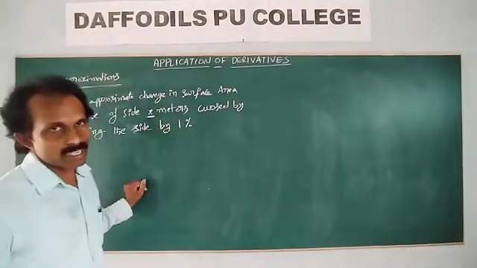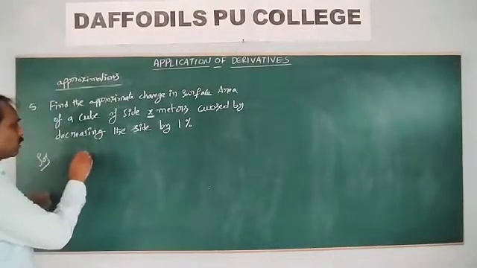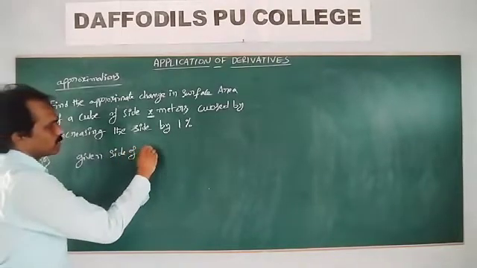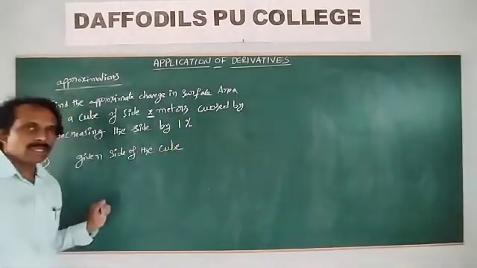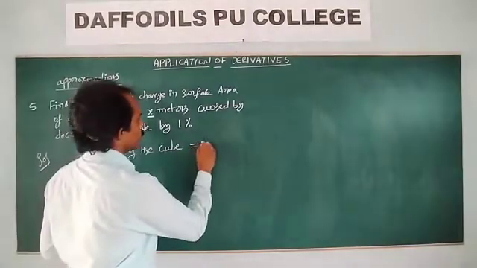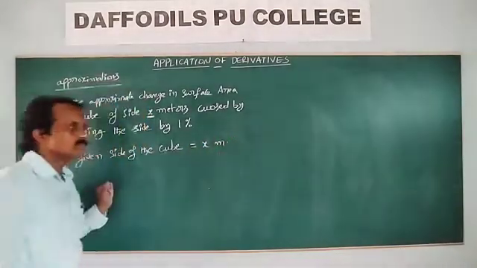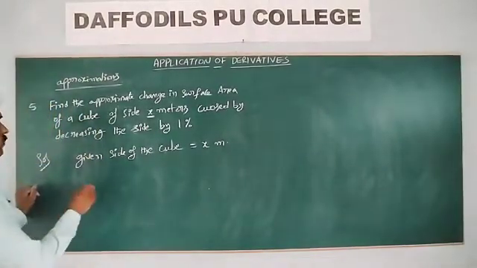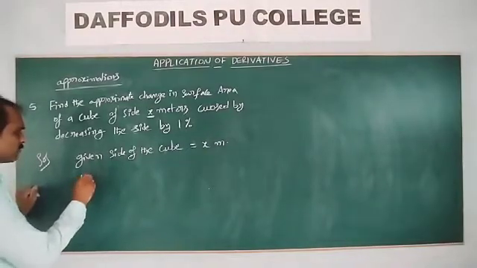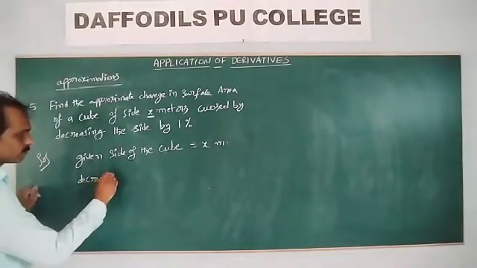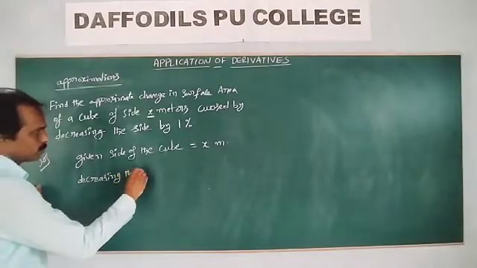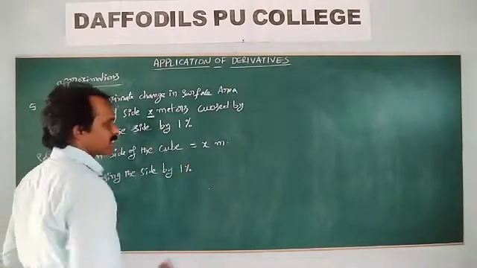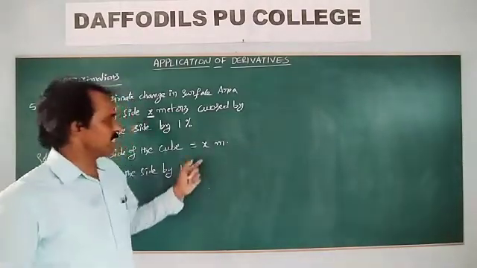Then what is its surface area? Given: side of the cube is equal to x meters. Decreasing the side by 1%. In which 1%? In the given side.